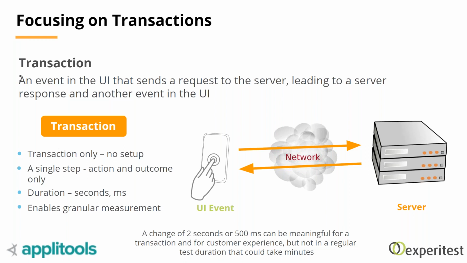The server will respond, and then the UI will render the response, and the user will see this UI change, and this is a transaction. If you think about your application, usually it will contain between tens and hundreds of such transactions. And when we talk about performance, we are highly interested in those transactions and how each transaction changes over time and over versions.